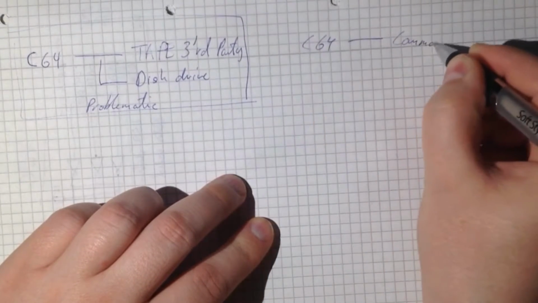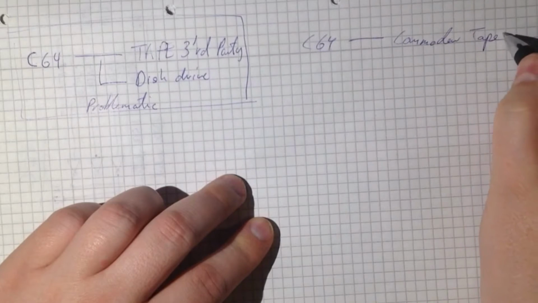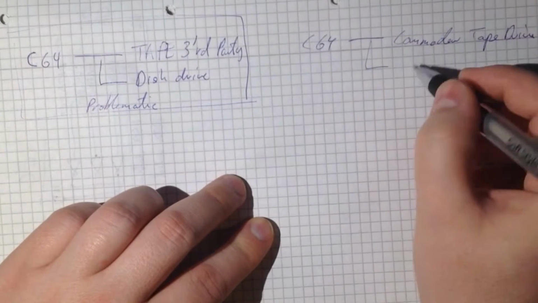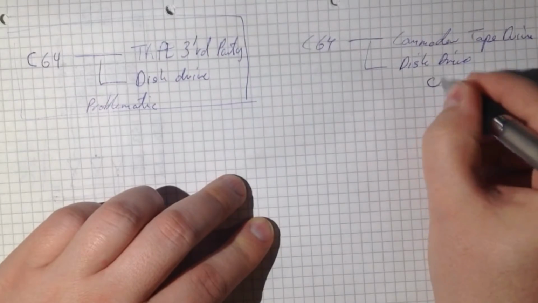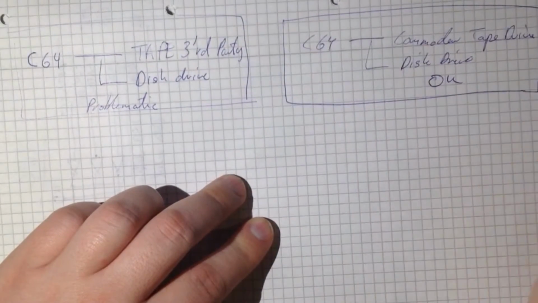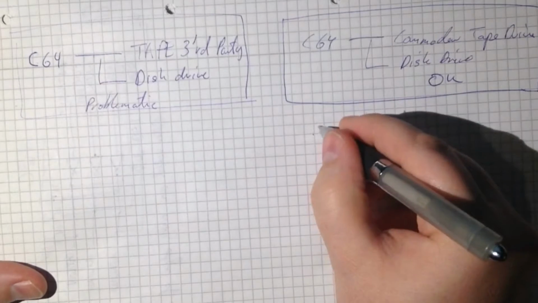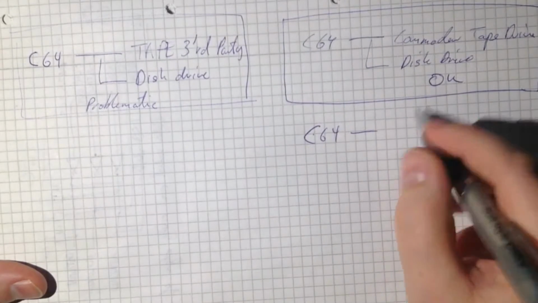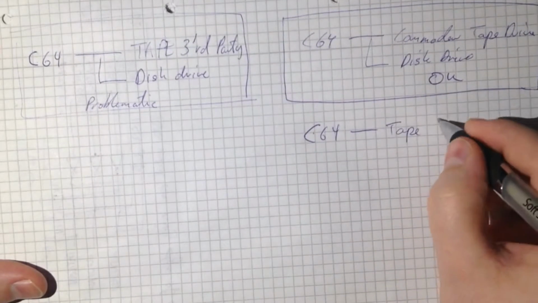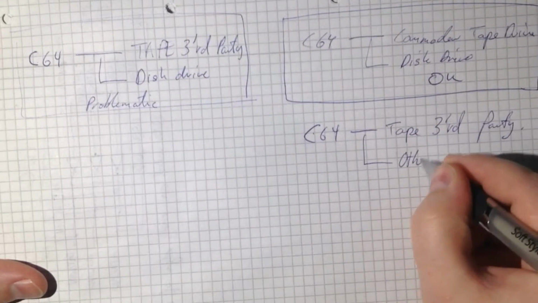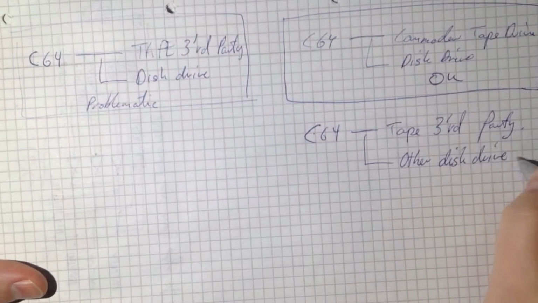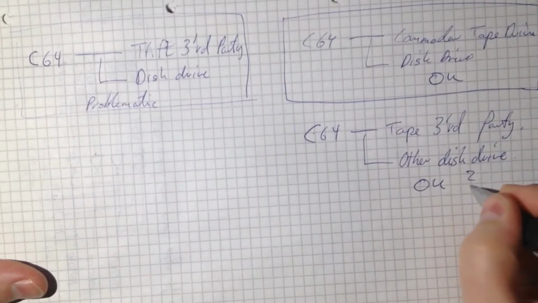And here you have C64, the Commodore tape drive, and the same disk drive, no problems here. And then you have the Commodore 64 and the third-party tape drive again, but it doesn't seem to mind the other disk drive. So that's very strange.